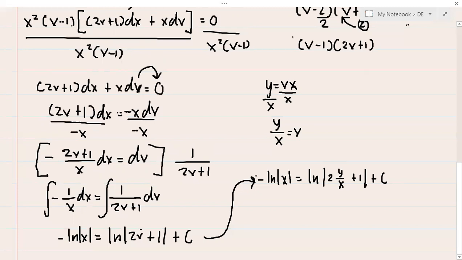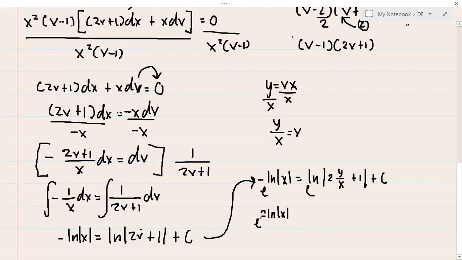But for me, I am still satisfied dito. Ang gagawin ko is, I am going to simplify them even more by making this equation by e actually. Gawin ko lahat sila by e. So magiging ito, e raised to negative ln of x.